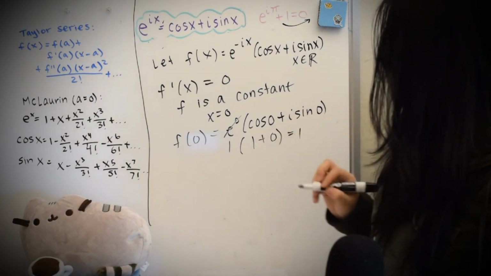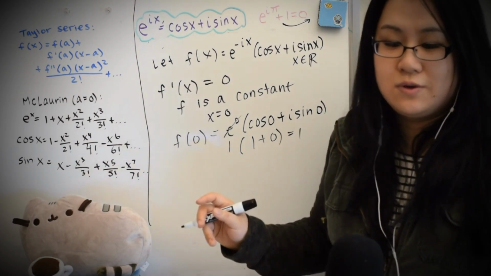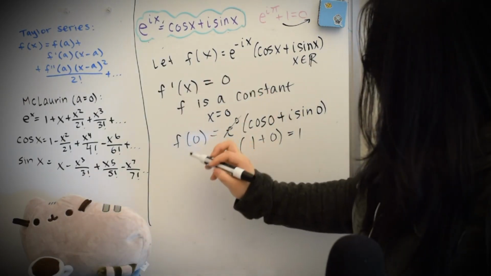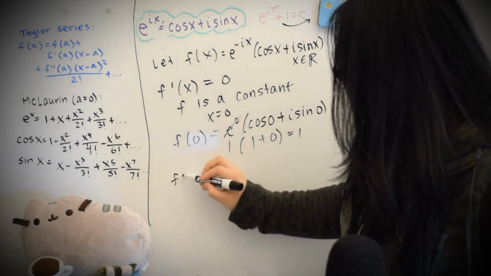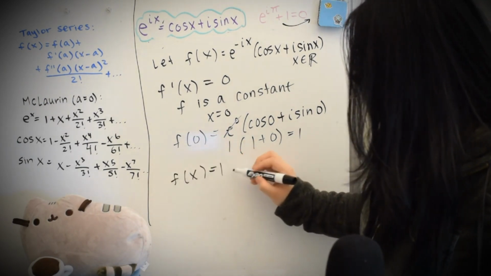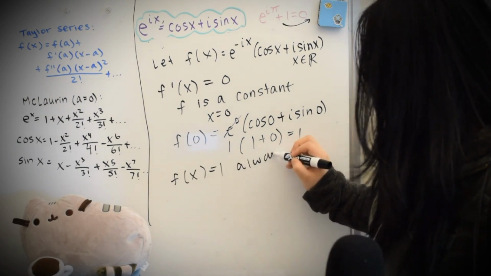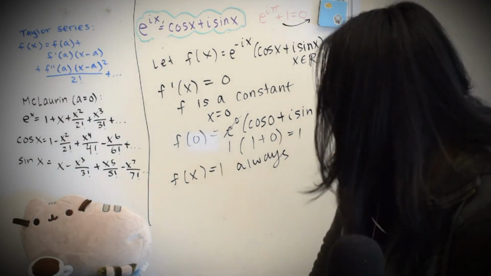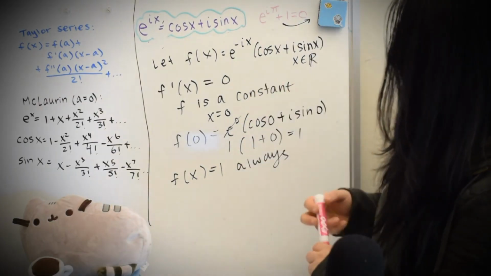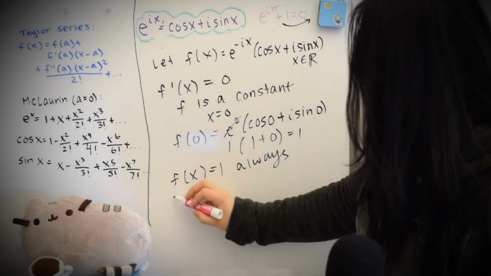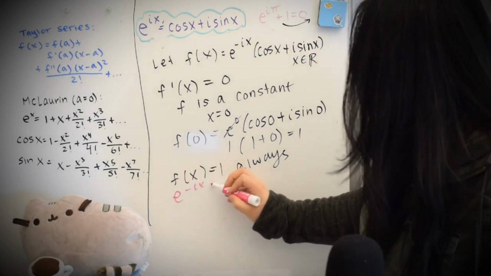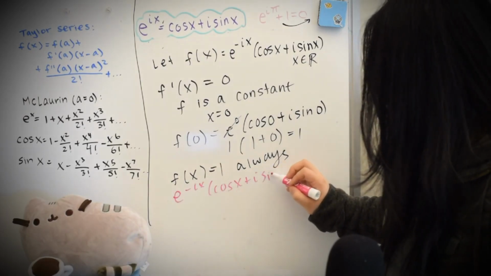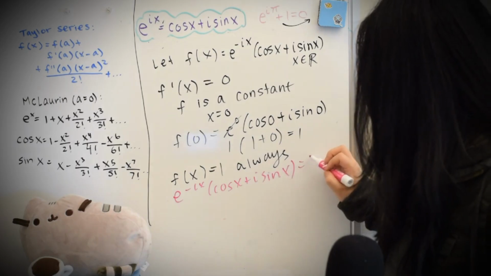is 1. So f of 0 is 1, which from our derivative we see means f of x equals 1 always, everywhere. Which means that since we picked f of x like this, e to the negative ix times cosine x plus i sine x equals 1.